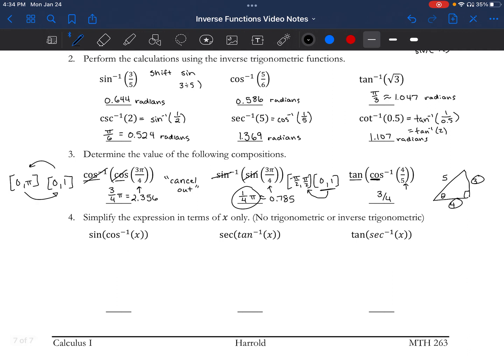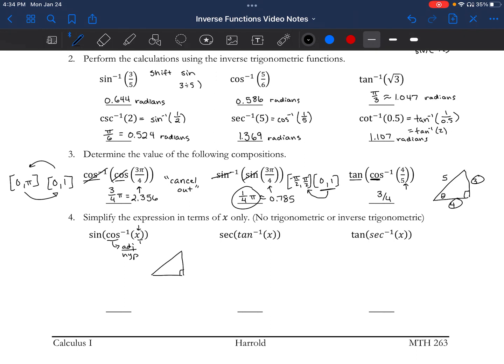I'm going to use this idea of labeling a triangle, using the Pythagorean theorem, and then rewriting it. So let's work this out. I've got sine of cosine inverse of x. Cosine uses adjacent over hypotenuse, and that's x over 1. Let me draw a triangle real quick.